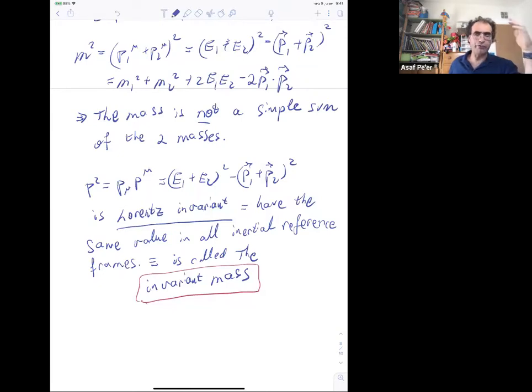So if we happen to know what is the mass of the parent particle, the particle that decays, and we are now measuring some outcome of some experiment, and we add up the masses and we end up with the same invariant mass, then we can possibly argue that these particles came out of a decay of the particle whose mass is known. Now, alternatively, we may want to find a new particle, whose mass is unknown.